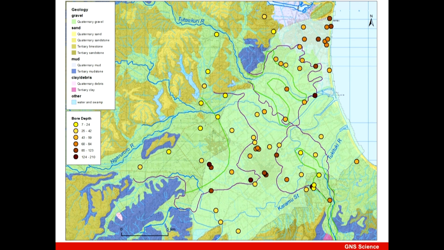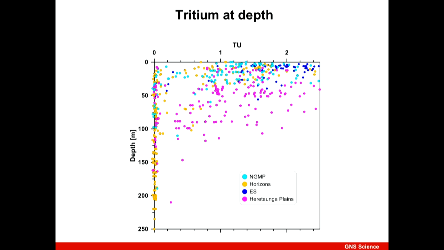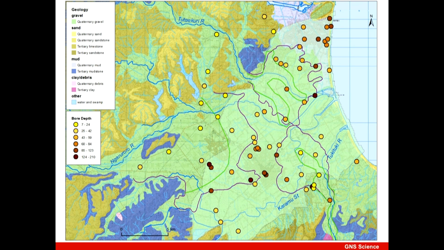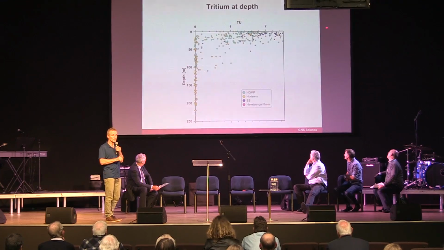Yeah, so this is quite significant. To highlight that, we had to completely rethink our theories here. This is data from across New Zealand. This is tritium, which is the indicator for young water.